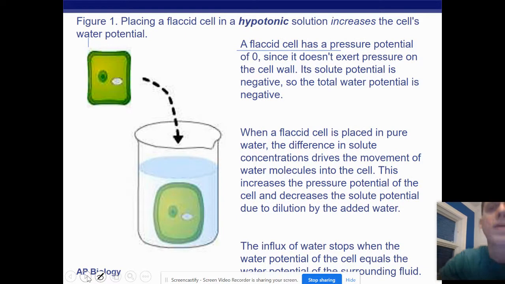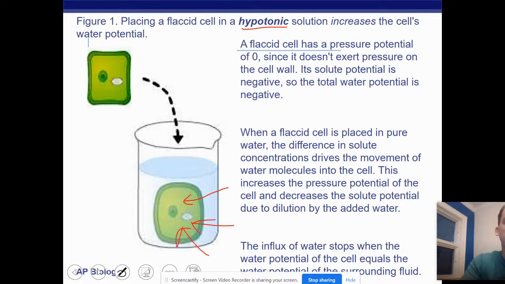Okay, so here we've got a flaccid cell, and we have put it into pure water, a hypotonic solution. So basically, the water starts moving in until the cell wall exerts a pressure back because there's so much water in.